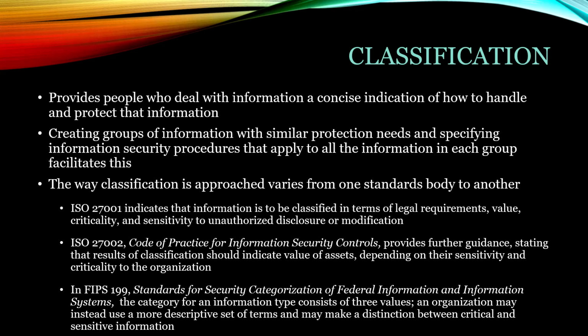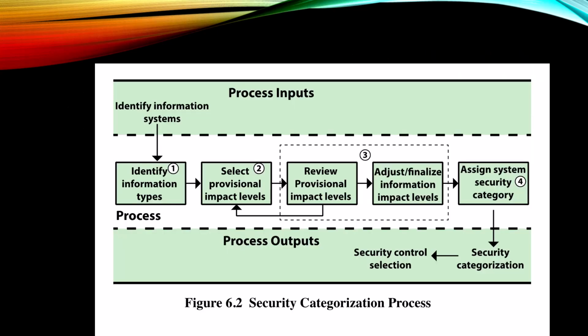There are structures here to ensure that classification is done properly. And coming up in a later chapter, chapter 5, people management, we do actually have a more descriptive set of terms to distinguish between the critical and sensitive information that we'll discuss in a slightly different chapter.